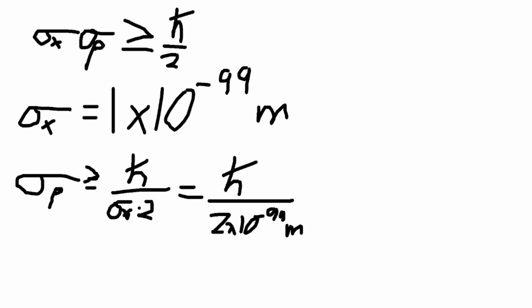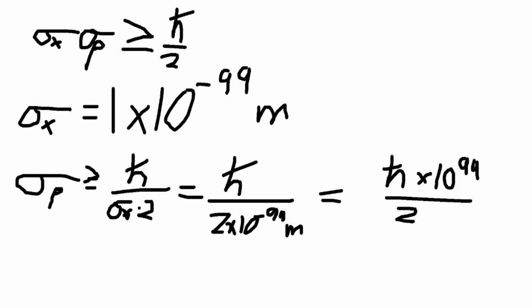Oh, but you might know that if you have a negative exponent in the bottom of a fraction, you can make that a positive exponent in the top. So you could have h bar times 10 to the positive 99 up here divided by 2 meters.